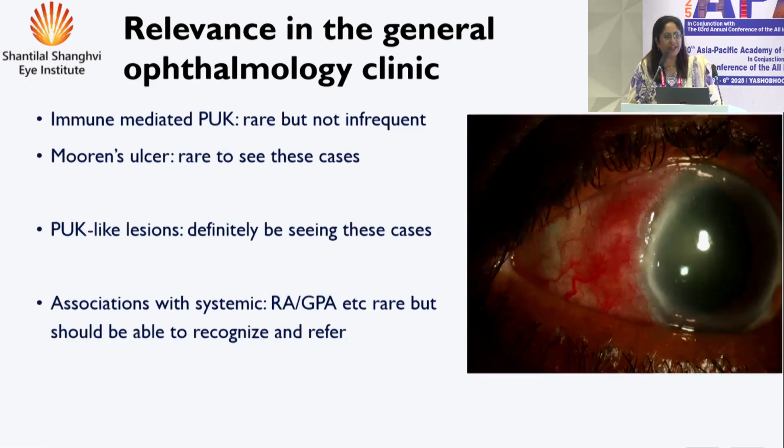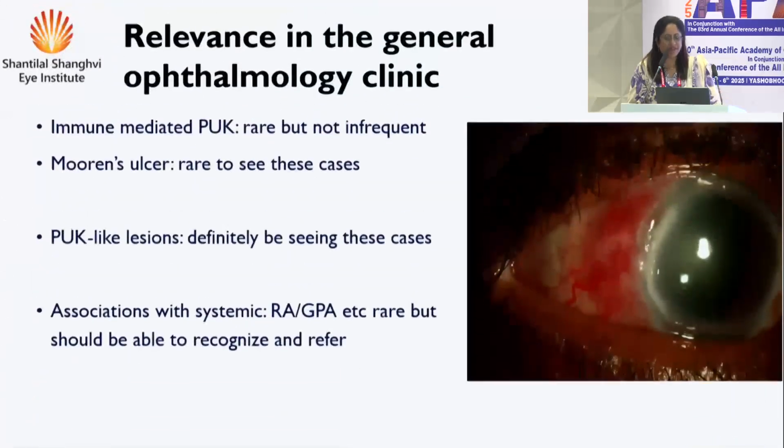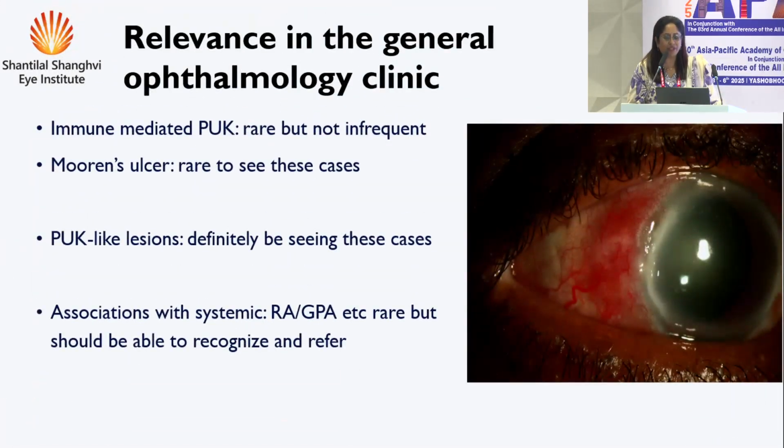The PUK-like lesions, as a question was asked, you will definitely see, and I'm going to bring up those. And luckily, though the associations with, say, rheumatoid arthritis or granulomatosis with polyangiitis are rare, you should be able to recognize them and refer them, unless you're anyway going to treat these patients, in which case you must get confident to treat with systemic immunomodulators.